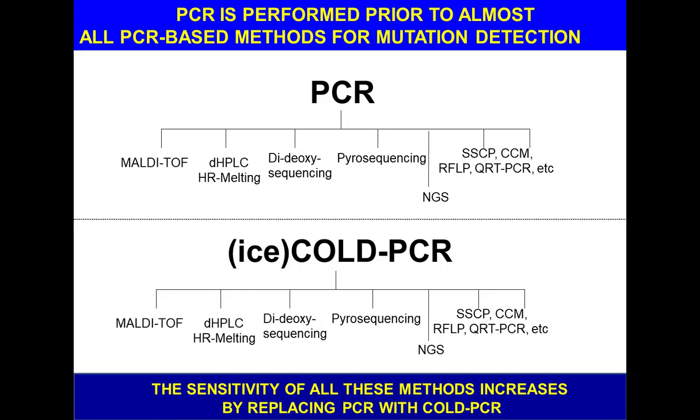So as you see here, since PCR is performed prior to almost all methods for mutation detection, like HRM, dideoxy sequencing, pyrosequencing, NGS, in many cases you perform some PCR step, RFLP, and so on. If you replace the initial step with COLD-PCR, you increase the sensitivity of all these methods simultaneously.